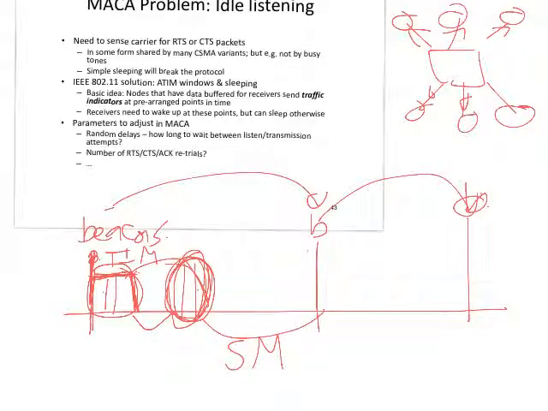For DCF, you have a completely distributed coordination function based on CSMA/CA. For the point coordination function, we resort to using the access point to poll the nodes according to a specific sequence to eliminate collision altogether.